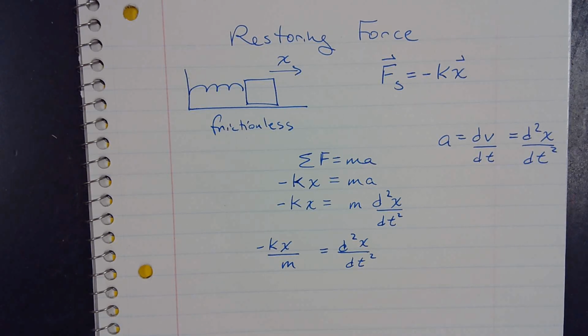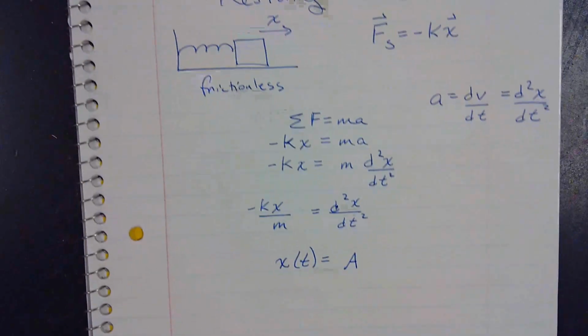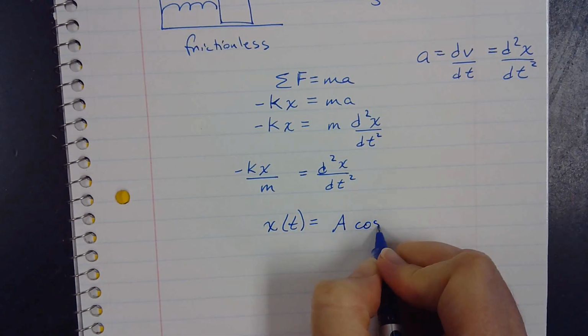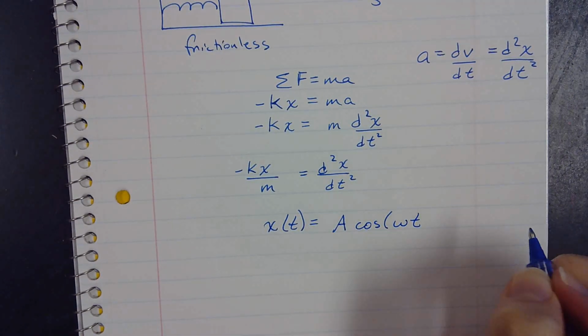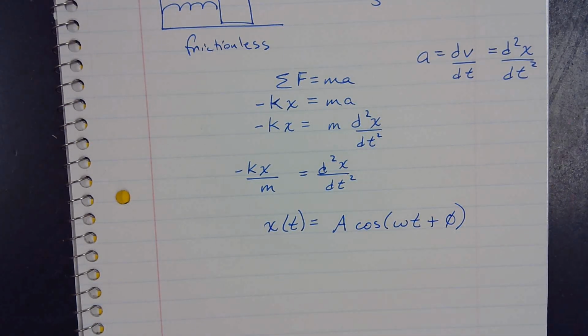So the most general equation for the motion, x of t, would be the amplitude of the motion, how far did I pull it back, times the cosine of some constant times time, plus something else. So I'm not looking for a parent function here.